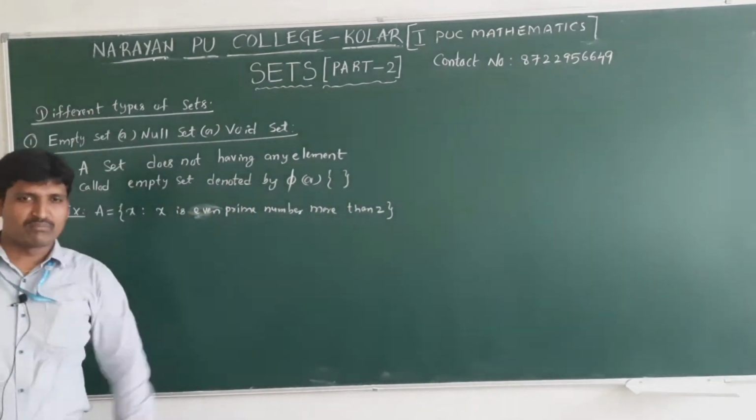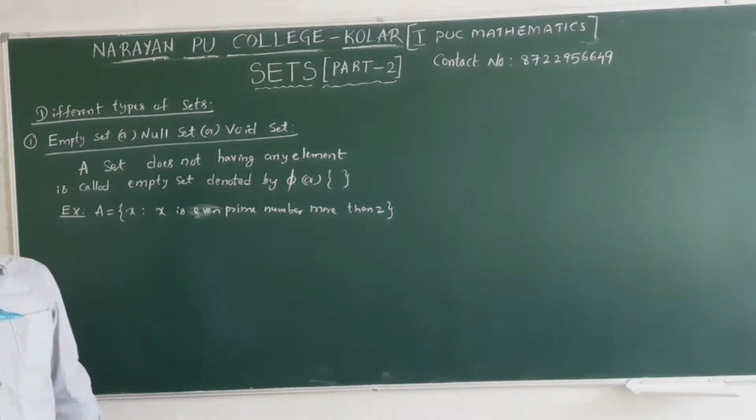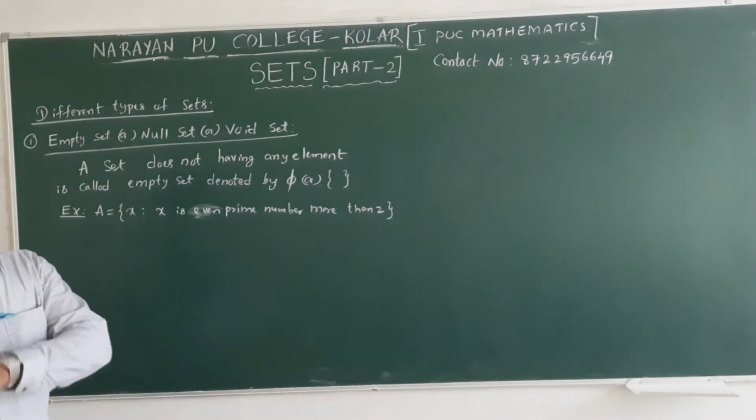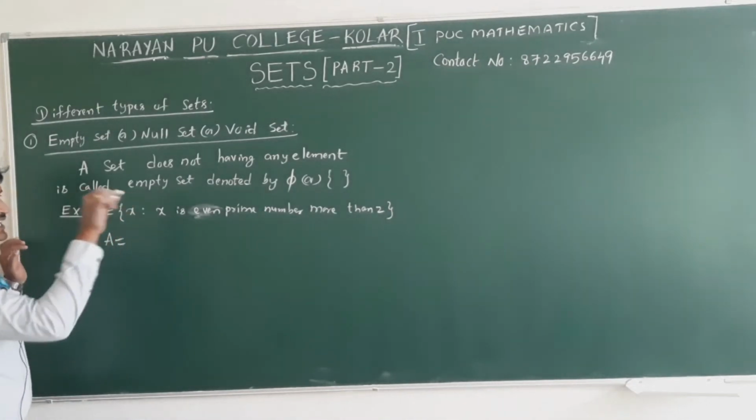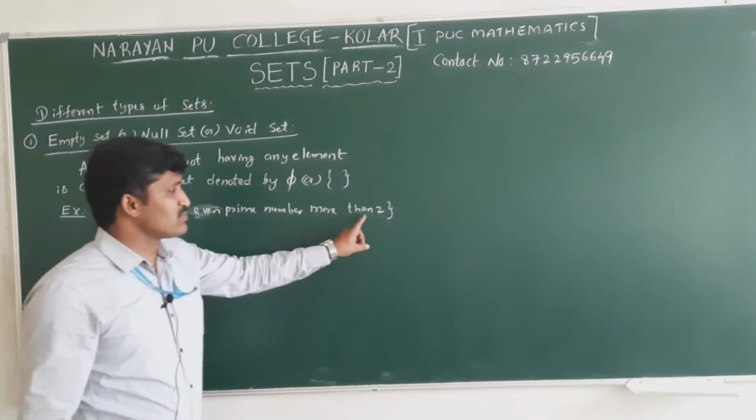In total prime numbers, only 2 is the even prime number. Remaining all are not prime numbers. That's why x is an even prime number, it is more than 2.